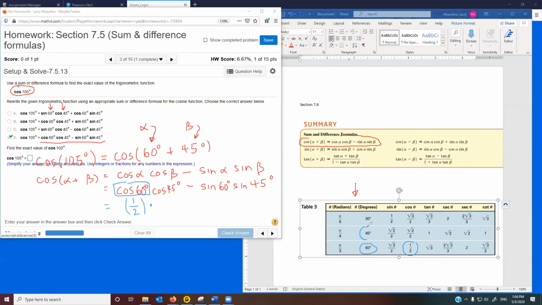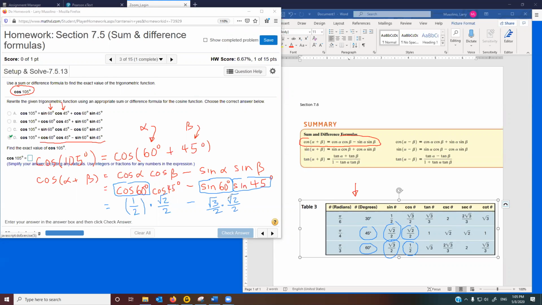Well, here's 45 degrees. The cosine looks like square root of 2 over 2. What about sine of 60 degrees? Looks like sine of 60 is square root of 3 over 2. And finally, sine of 45 degrees. Looks like it's square root of 2 over 2.